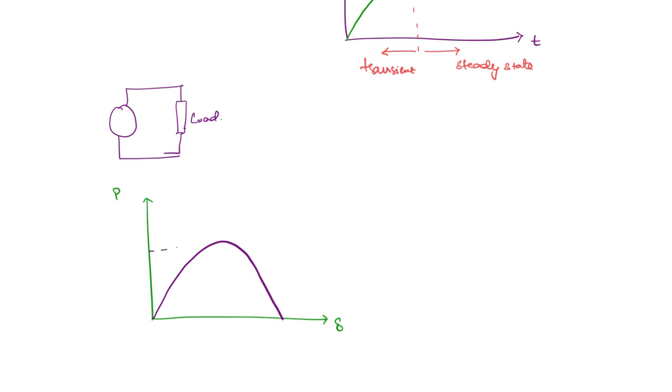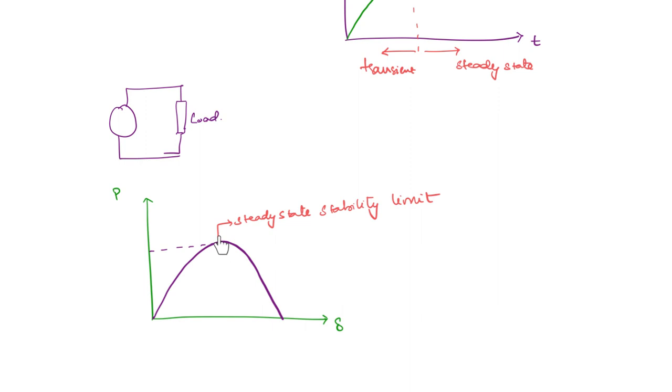Now this peak here is called the steady state stability limit. That means theoretically the generator can give this amount of power, but we never operate at this point.